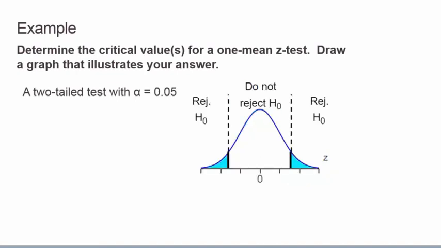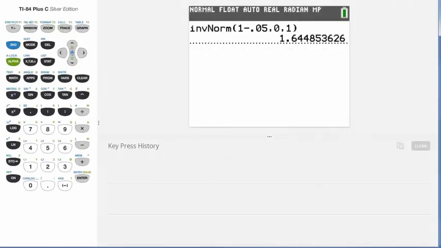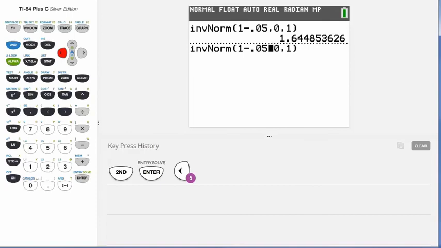To begin, let's change this drawing to reflect our example. My shaded area is half of alpha. 0.05 divided by 2 gives me 0.025 on the left and on the right, which means I have 0.95 in the middle. I have z sub 0.025. Going to my calculator, click second, enter to retype, and then I'm going to change my 0.05 from my previous problem to 0.025.